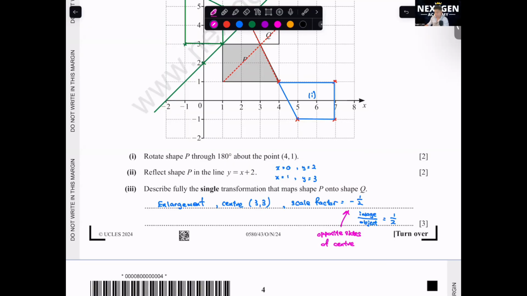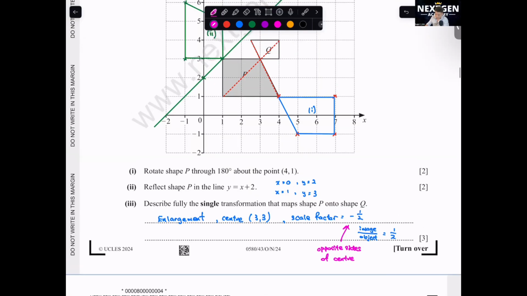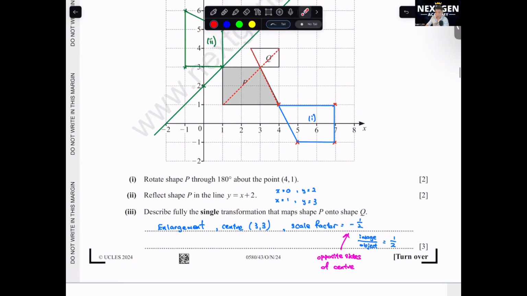If they are on the same side, then it's 0.5. If it's positive 0.5, it means it is half the size and it will be over here. This will be your image, because this is the center. You see, the orientation of the shape will be the same. It won't be upside down. Negative is the one that causes the entire shape to be upside down.